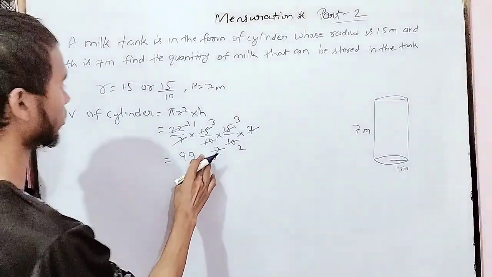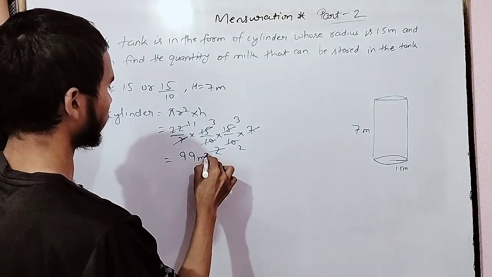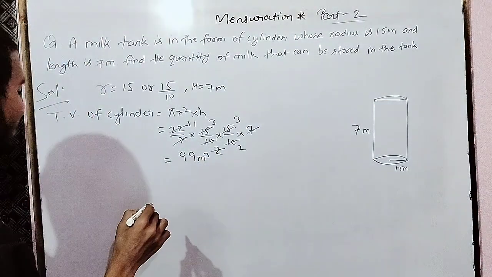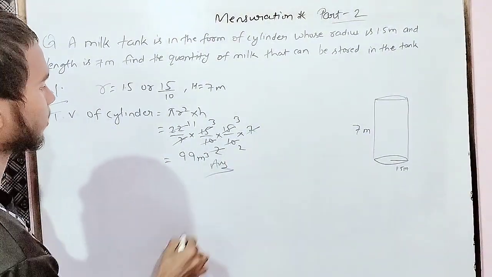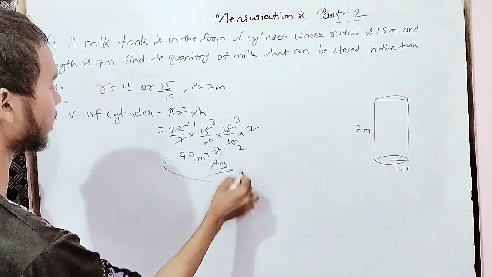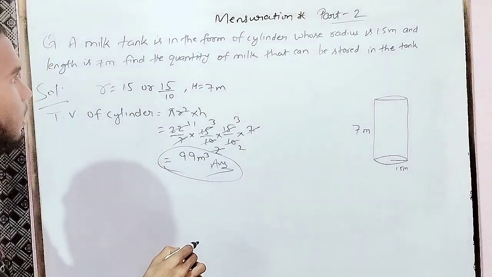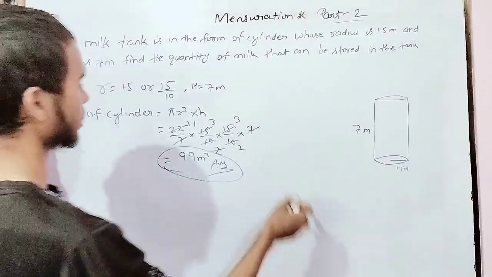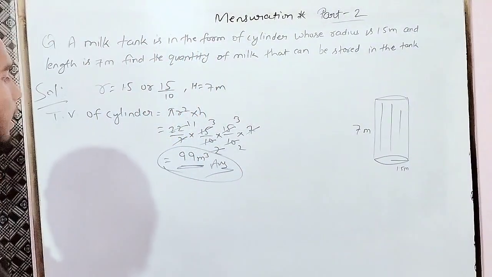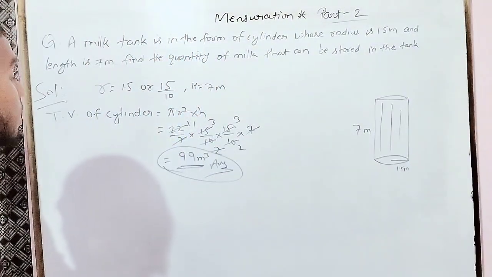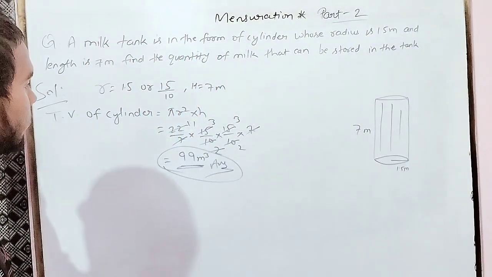99 meter cube. That quantity of milk can be stored in this tank. This is the space for this tank, 99 meter cube.